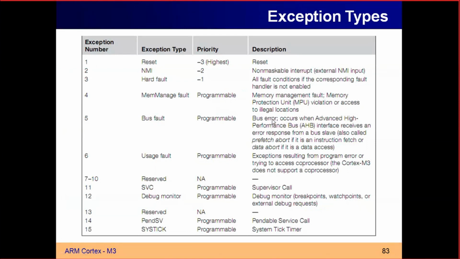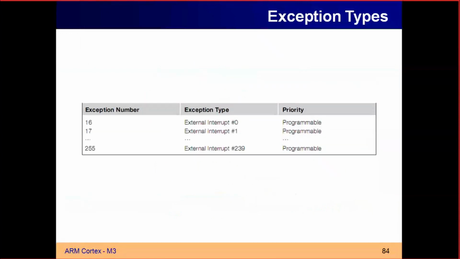So these are the 4 fault conditions. Others are the exceptions. Then these are the interrupt exception numbers from 16 to 255. These many external interrupts can be possible, but again it depends upon the manufacturer. They'll be giving only 16 or 8 or something like that. It depends on the manufacturer.